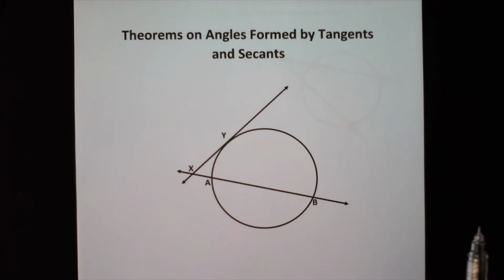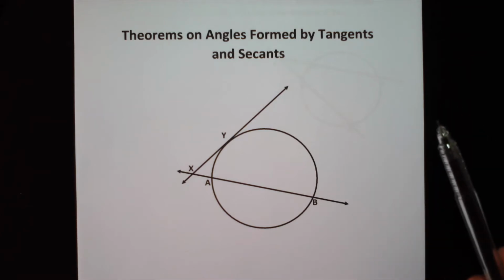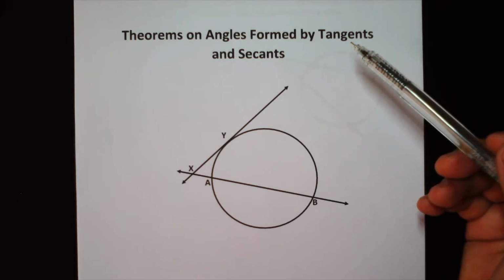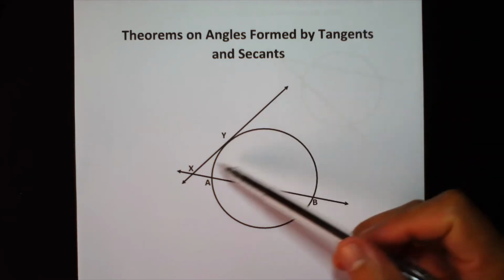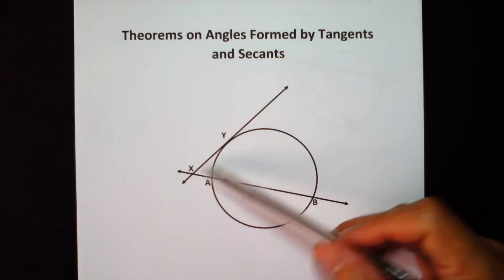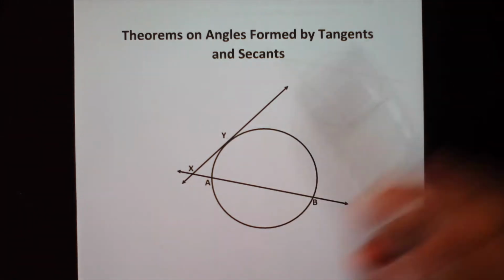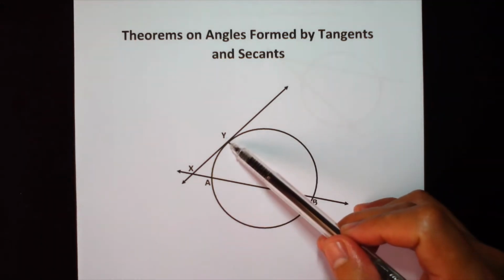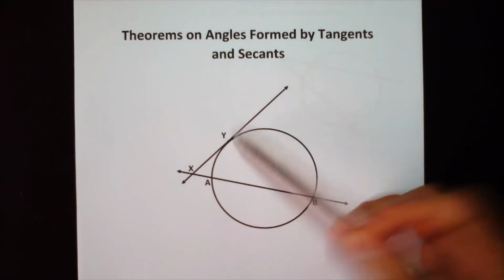When you're talking about a tangent, it is a line that intersects one point on the circle. One example of a tangent here is line XY. As you can see, it is a line that intersects one point of the circle.